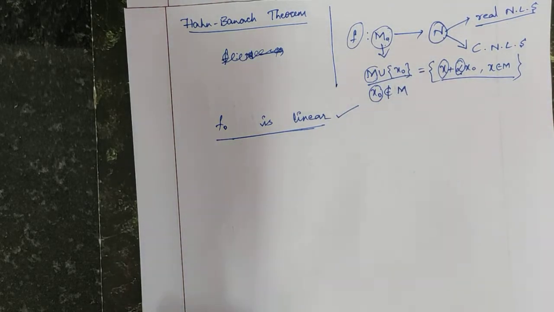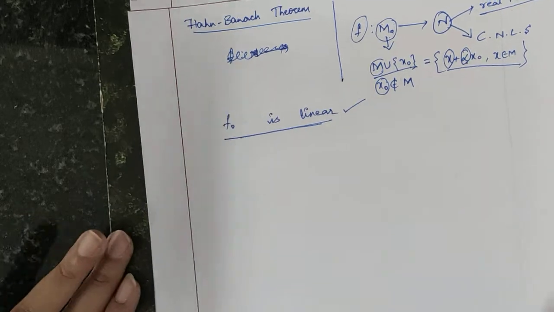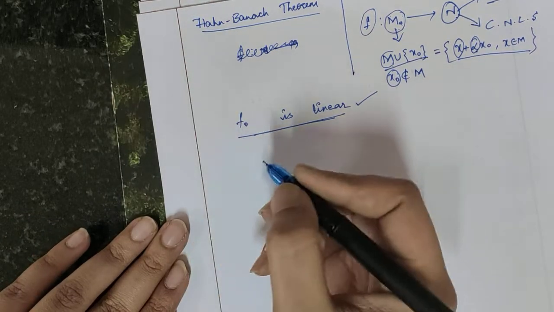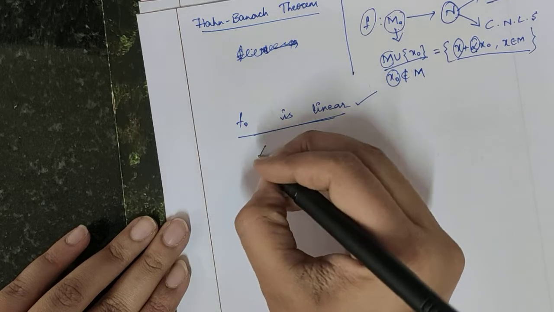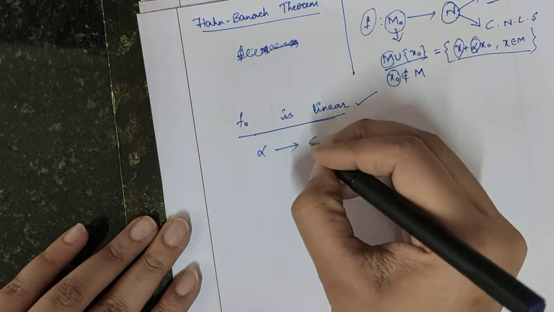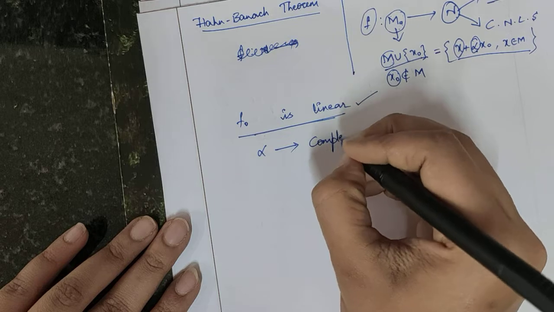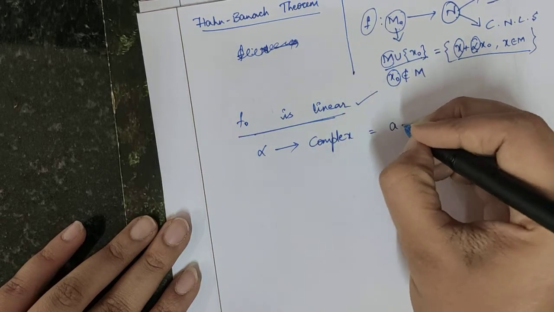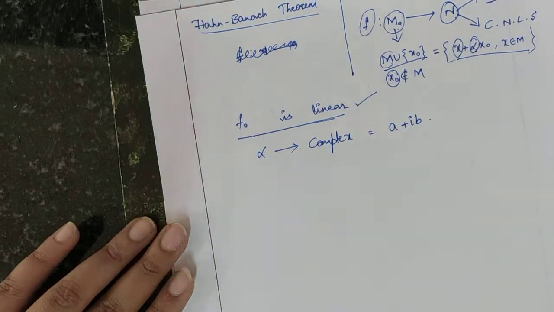I have proved the theorem separately for vector addition and scalar multiplication. I can prove it in one more way. Since alpha is complex here, obviously it will be in the form of a plus ib, right?